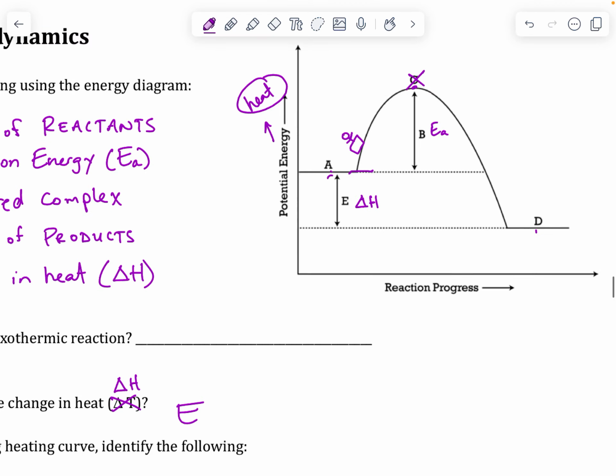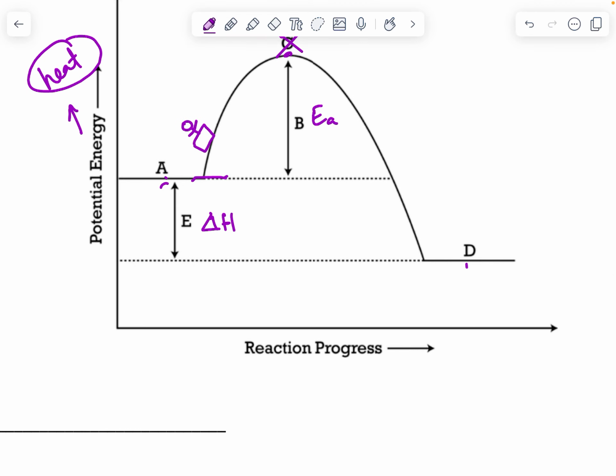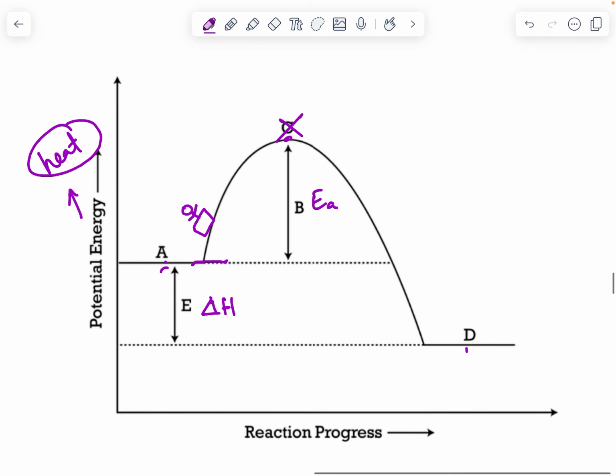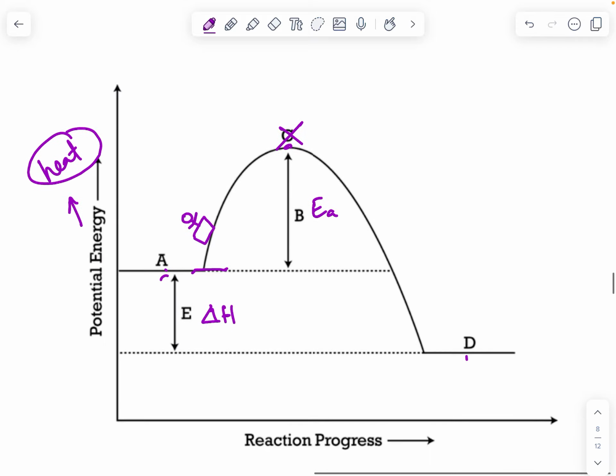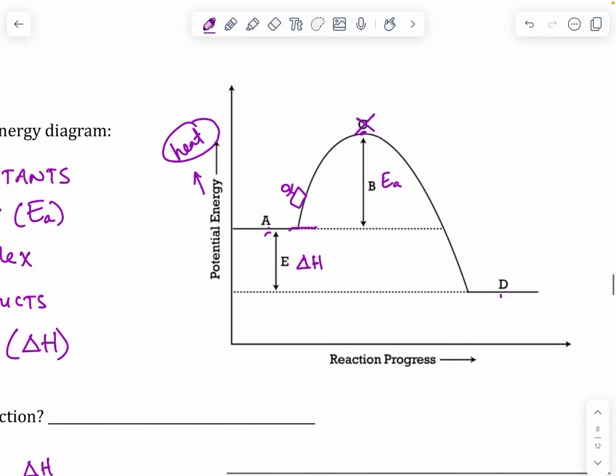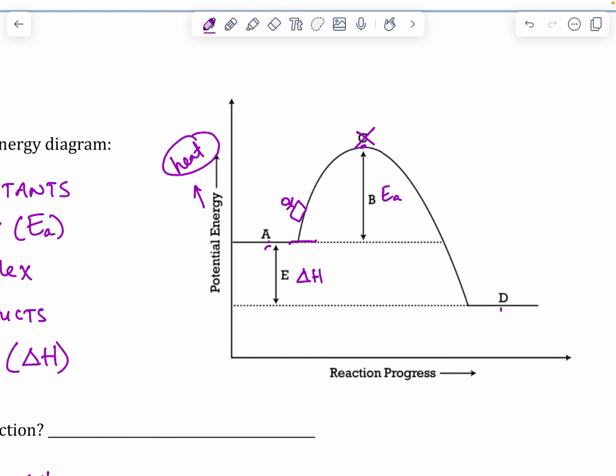Endo or exothermic, remember, endo means absorb energy. Exo means lose or release it. And you can use these diagrams to figure out which is which by just seeing, am I starting with more or less energy than what I'm ending with? So I'm kind of just using the comparison between A and D here. In this case, you see that D is lower than A, which means I lost energy, right?